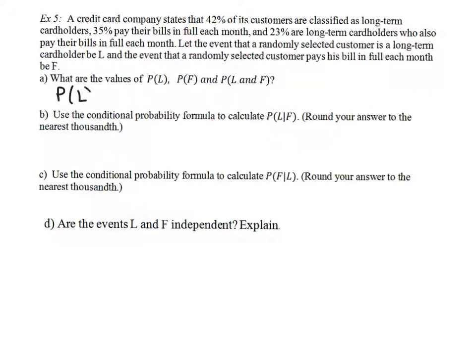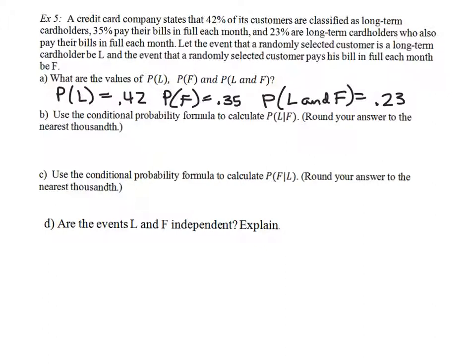The probability of having a long-term cardholder is equal to 0.42. The probability of paying your bill in full each month, that was 0.35. And the probability of both L and F being true is equal to 0.23.